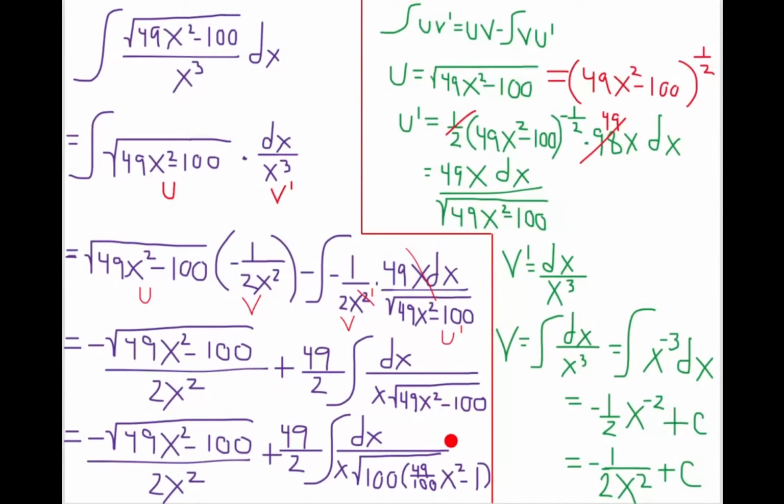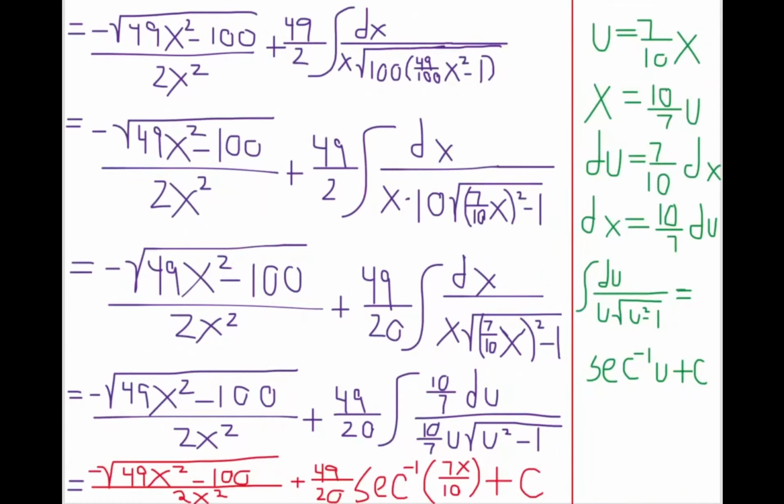So I'm going to factor out this 100. If I factor 100 from 49, I get 49 over 100. If I factor 100 from 100, I get a 1. Okay, so this is with the 100 factored out. And let's go to the next step.